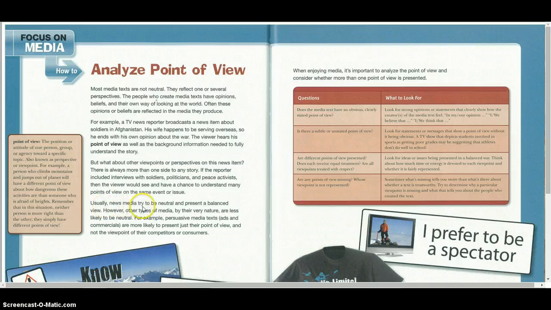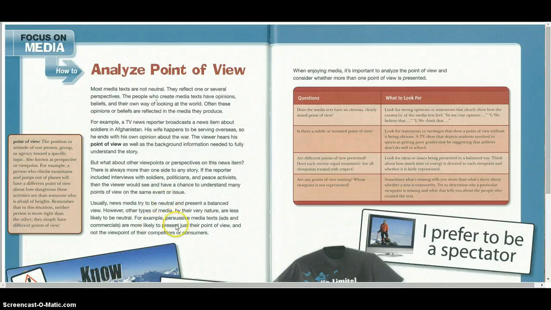Usually, news media try to be neutral and present a balanced view. However, other types of media, by their very nature, are less likely to be neutral. So usually when you watch the news, they try to give you both sides of the story, or all sides of the story, all points of view.